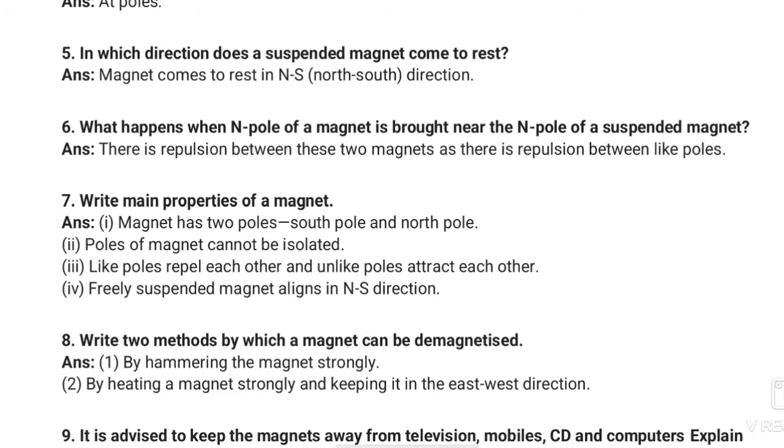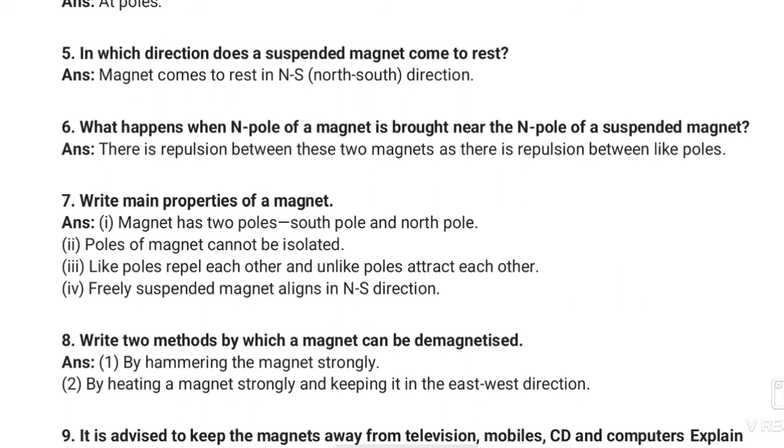Next, by hitting a magnet strongly and keeping it in the east-west direction. So it's a second method. If we hit a magnet strongly, then it loses its magnetism. And if we keep a magnet at rest in the east-west direction, it's a wrong method.